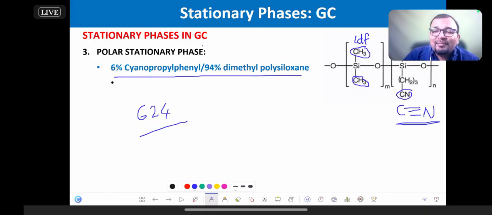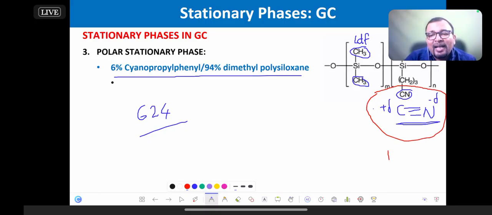It's polar, right? Because nitrogen is what? Is it an electronegative or electropositive element? Nitrogen, electronegative, right? So because of this, what interaction is possible because of this moiety, the cyano group?